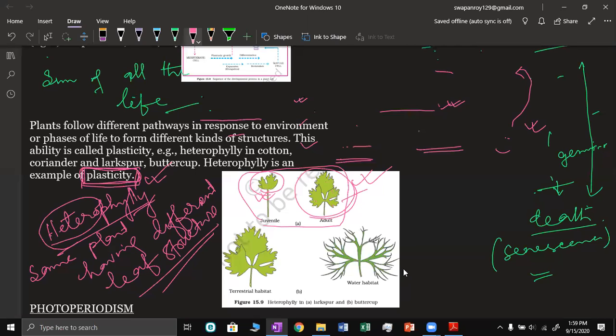Those leaves in the air usually have a broad lamina, but in the portion of the plant which is inside water, the leaf is of the dissected type.